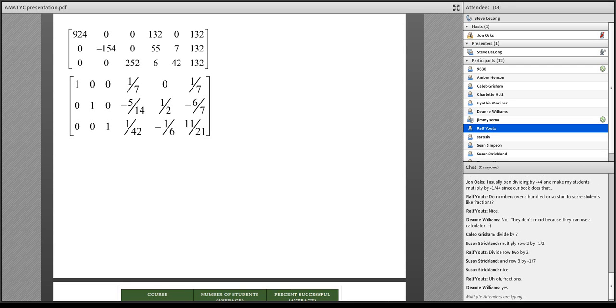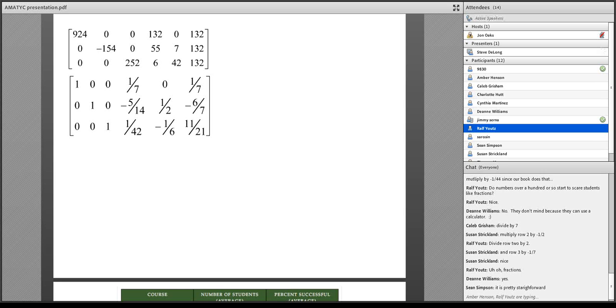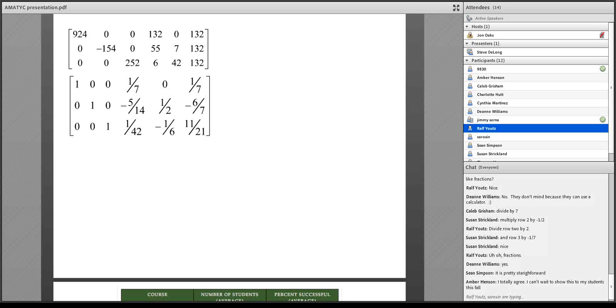You don't see it in any textbooks. I'm kind of curious why you don't see it in textbooks. Ever since I made it up that day, it just seemed like it was a natural to do in class. Amber, I would really recommend it because you'll be surprised, especially if you show students the traditional method, at how much they prefer this.